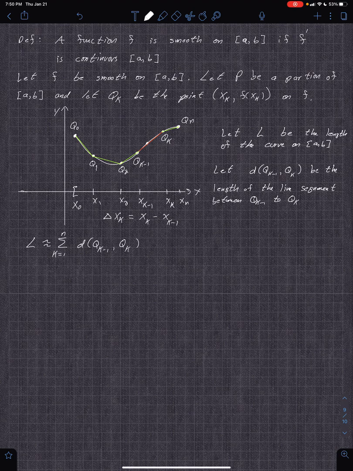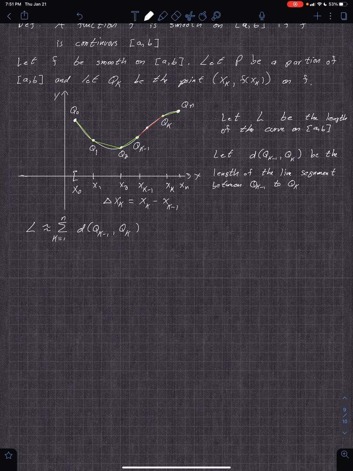I'm just saying that each of these is one of these lengths. So L is approximately this sum, whatever that may be. Okay, that makes sense. Now let's take a look at what d of q sub k minus 1 to q sub k is using this notation.